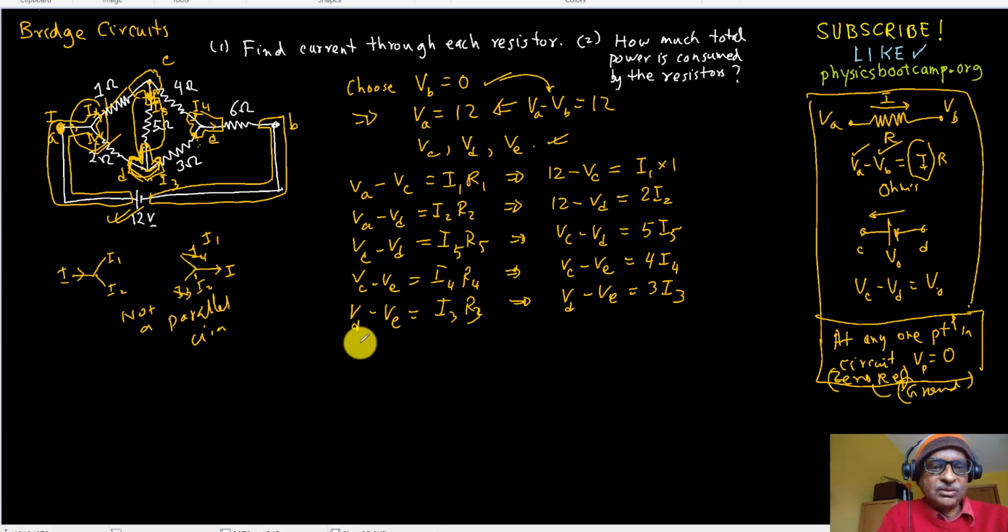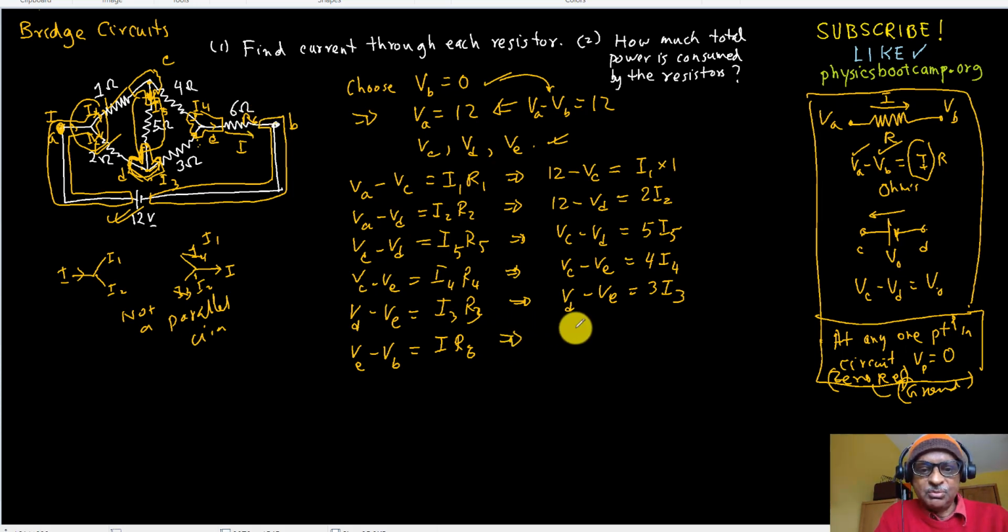And then the last one is from here to here: VE minus VB equals I times R, let's call it R6, since I goes through this, not splitting.